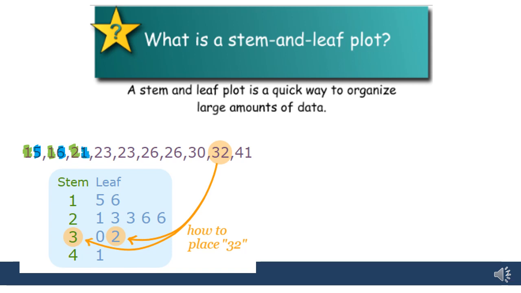And the only challenge here is to put them in order. So in the example that they've highlighted here, 32 becomes stem of 3, and then 2 as the leaf. And then we need to put the leaves in ascending order.